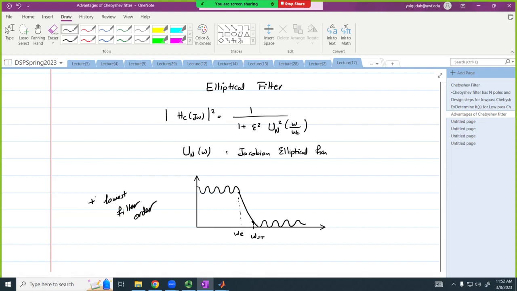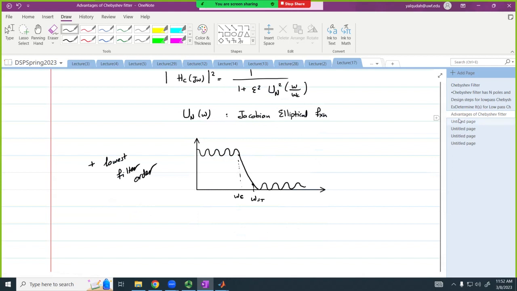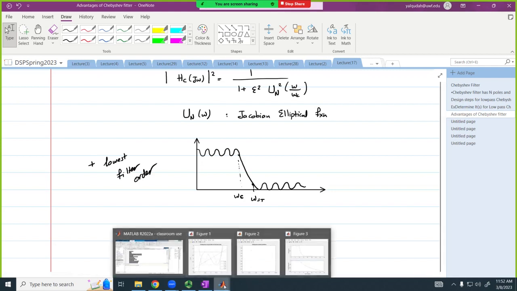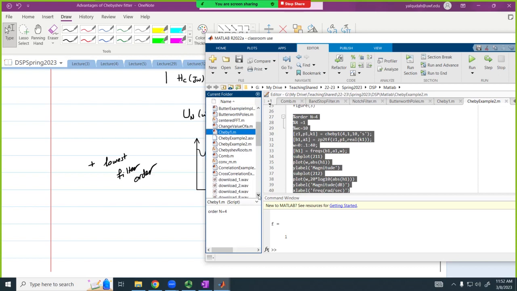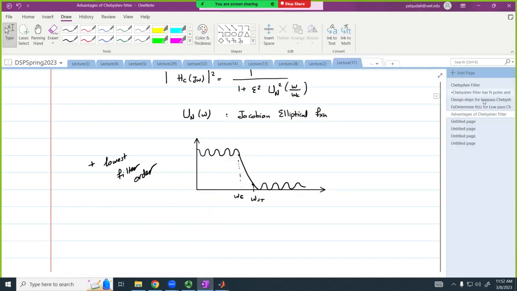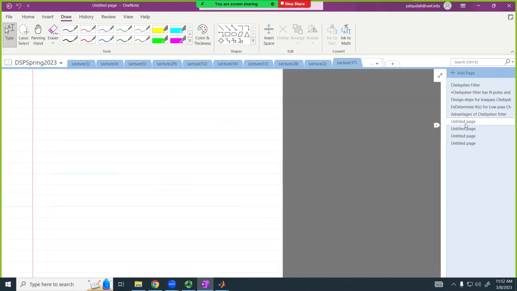And finally, the last filter we're going to mention is the Bessel function, Bessel filter.